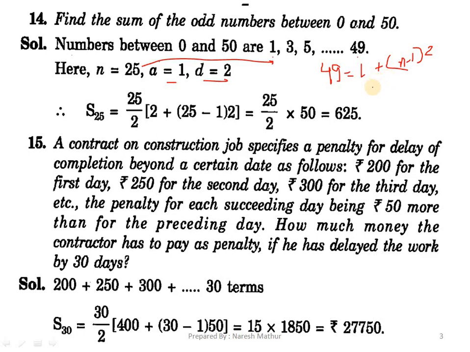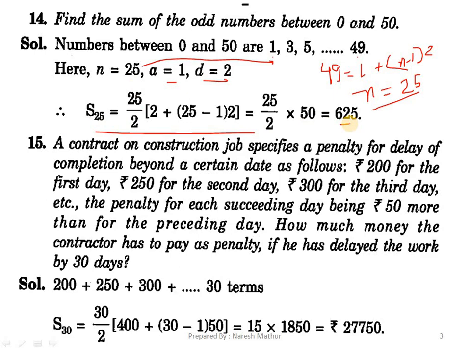Solving this, 1 + 2n − 2, 1 minus 2 is minus 1, minus 1 will be displaced, and 2n will be equal to 50, so n equals 25. Just put this value in the formula of S25, and you get the final answer.